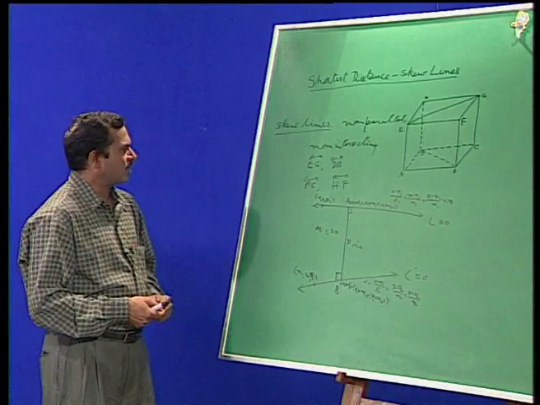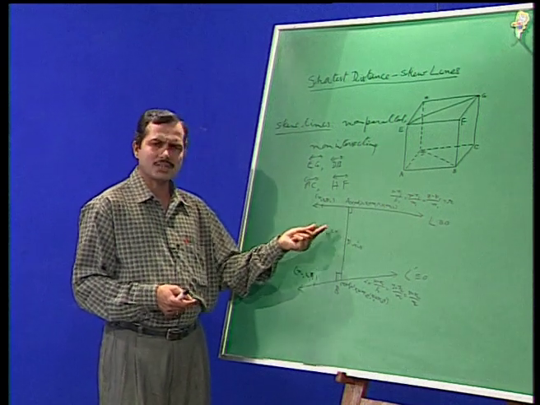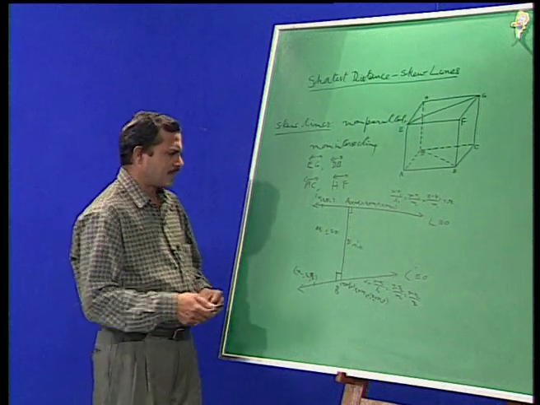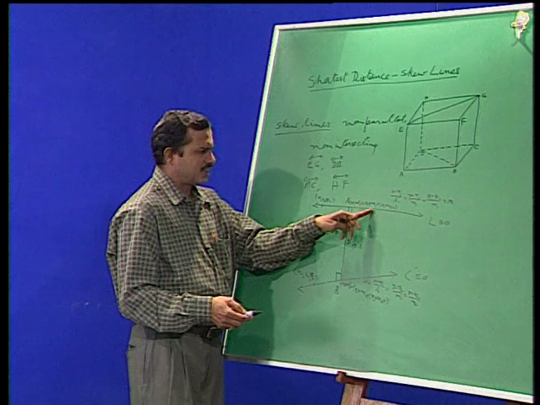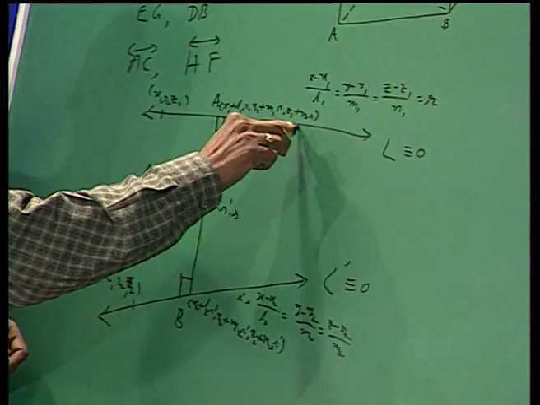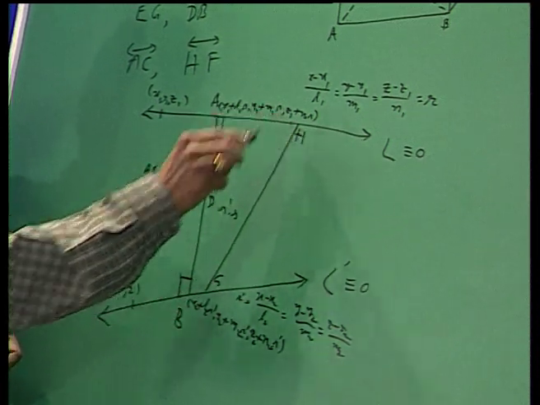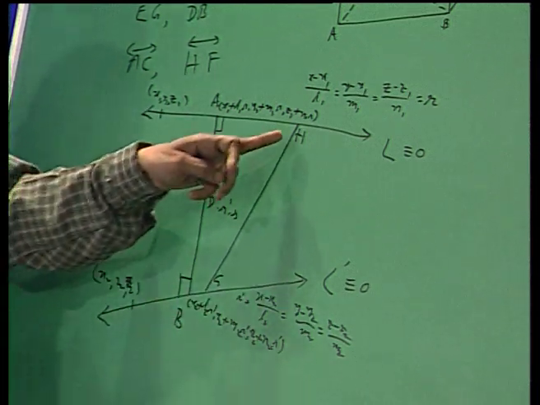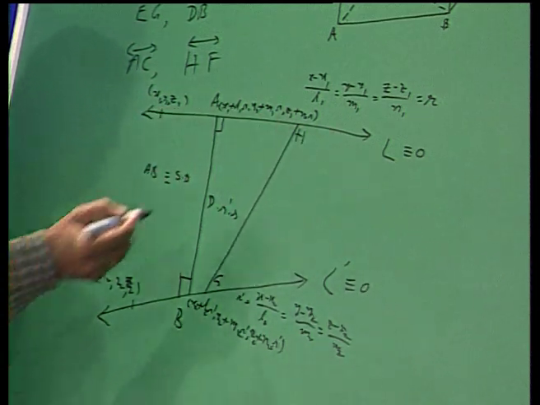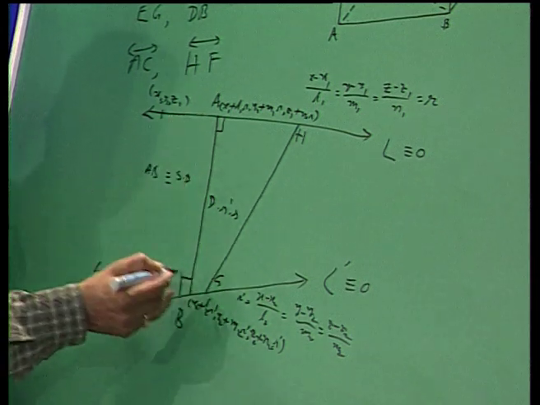Well, here we are saying that the line segment AB is forming shortest distance. To clarify this, let us take another line segment between these two lines L equal to 0 and L dash equal to 0. Let us say we have a point G on line L dash equal to 0 and a point H on line L equal to 0, and say this line GH is making an angle theta with the line AB.